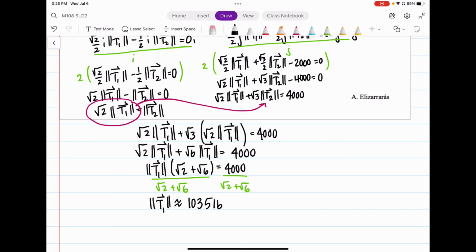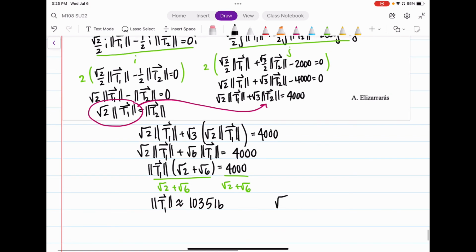When I take 4000 divided by the sum of root 2 plus root 6, I get that the magnitude of T1 is roughly 1,035 pounds. Recall that the square root of 2 times the magnitude of T1 is equal to the magnitude of T2.